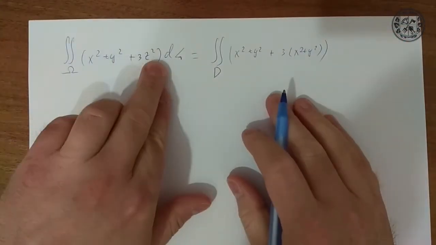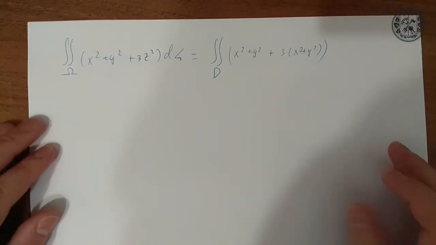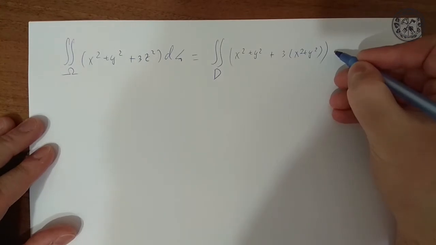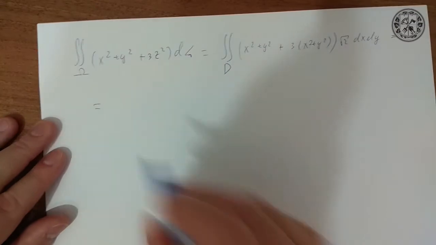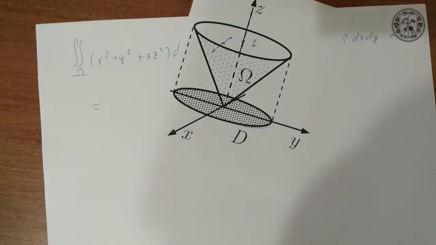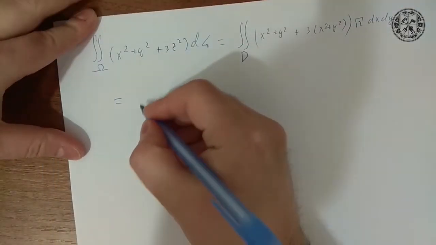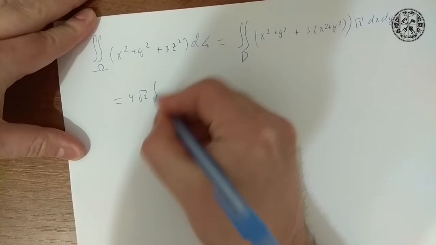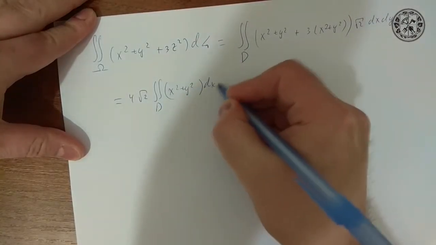We substitute z with its equation and multiply by d sigma, or square root of 2 dx dy. Now our projection is a circle. So, to calculate it, the best way is to switch to polar coordinates. Let us simplify it first a little bit. We will get 4 square roots of 2 times the double integral over D of x squared plus y squared dx dy.